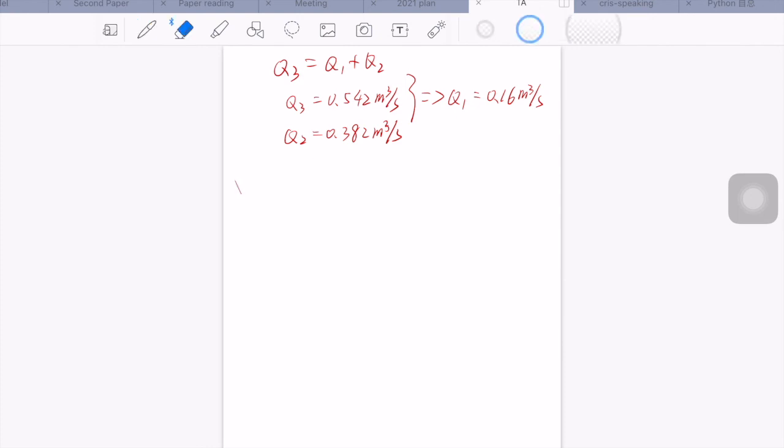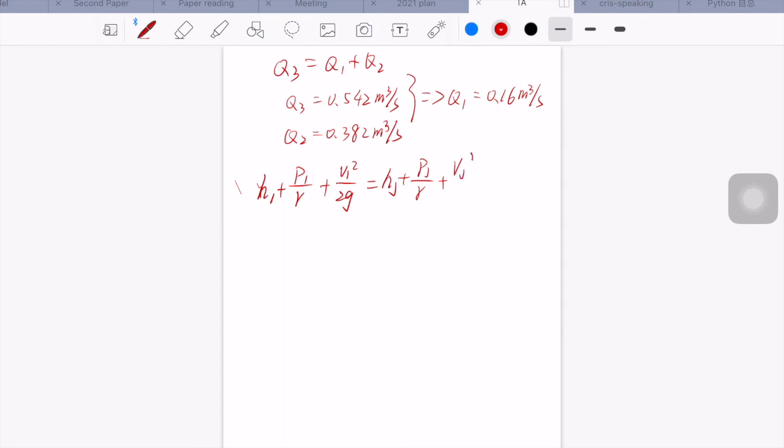H1 plus P1 divided by gamma plus V1 squared divided by 2g equals Hj plus Pj divided by gamma plus Vj squared divided by 2g plus the head loss. This is equation 3. We know V1 equals P1 equals 0, and the head loss only equals the friction loss, which equals f times L1 divided by D1 times V squared divided by 2g.